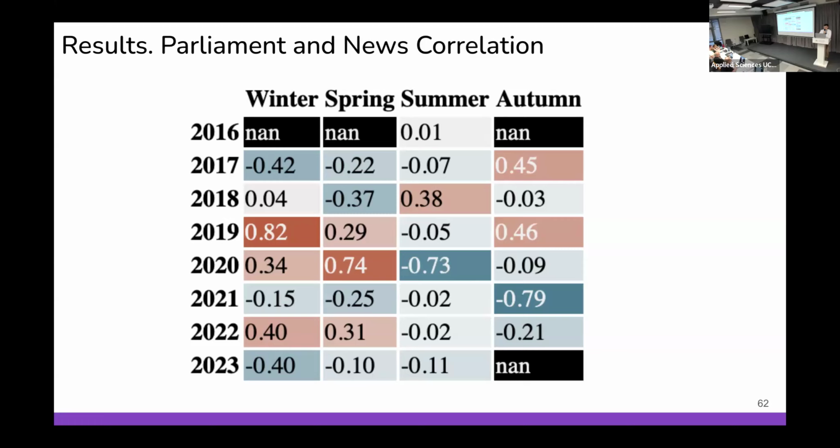Also, it is noticeable that we can see a few moderate and low correlations, but overall, we were not able to prove that parliament and news are highly correlated, and maybe it is due to the reason that this news source was not displaying just information regarding the parliament.